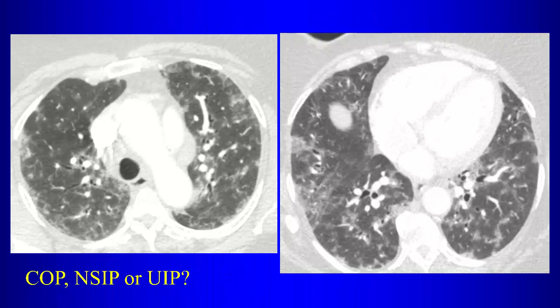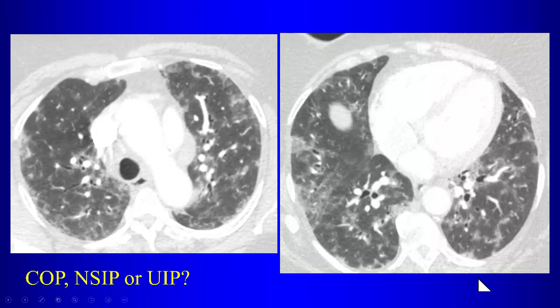So if I show you these CT images and I ask you, do you think this is COP, NSIP, or UIP? Which would you go with? NSIP. Well, how would you describe the findings? What do you see? So we have peripheral ground glass opacities, right?